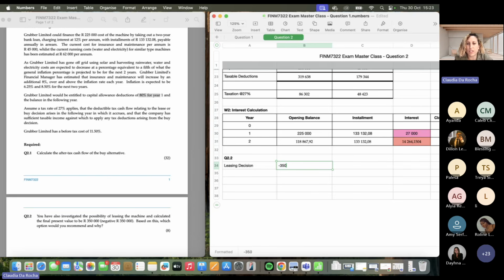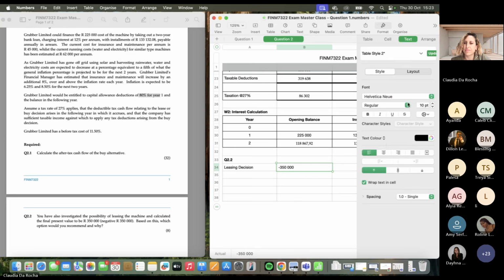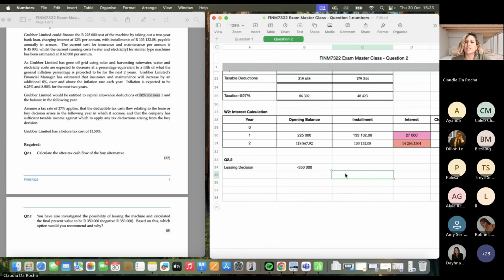So it's negative 350. Okay, for our buy decision, I need to calculate the NPV.